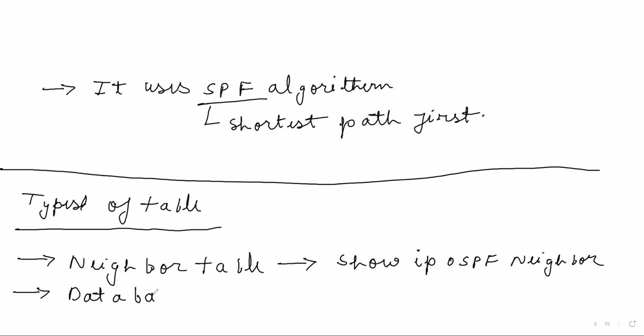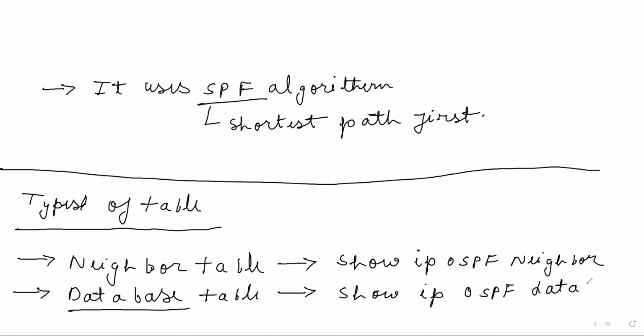I will talk later about what the database is in this protocol. So show ip ospf database. Now the last one is the routing table, which you will find in every protocol. So show ip route ospf.